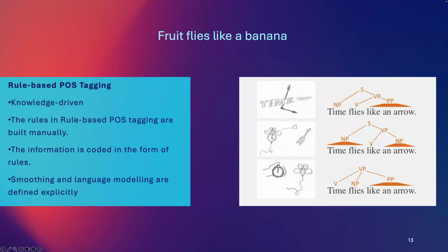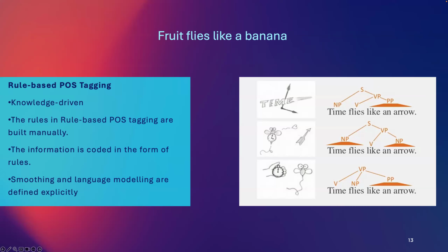But now let's look at different ways of POS tagging. The first one is rule-based tagging. This is one of the earliest methods of POS tagging. This approach uses a dictionary, also called a lexicon, to determine potential tags for each word.